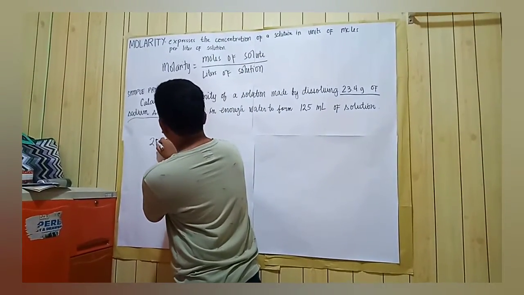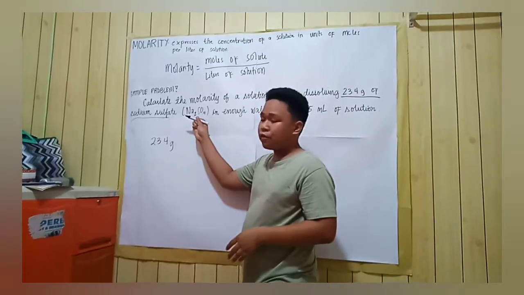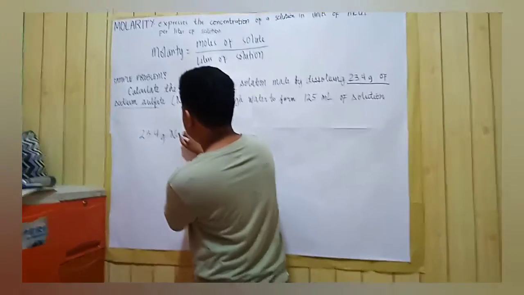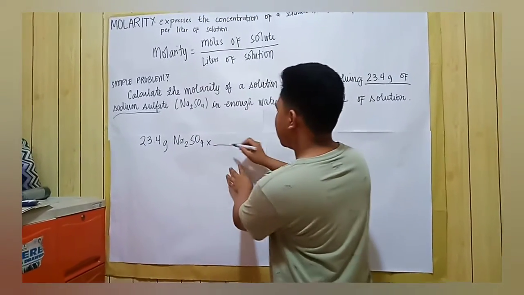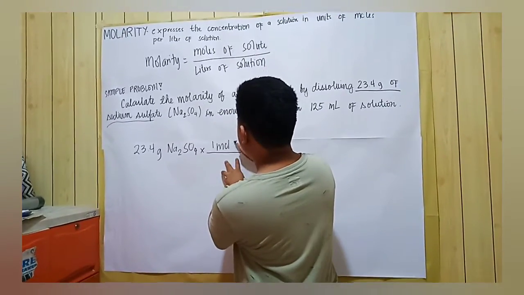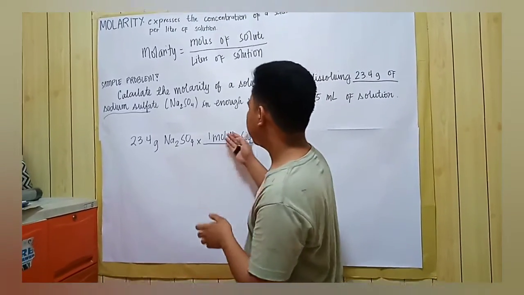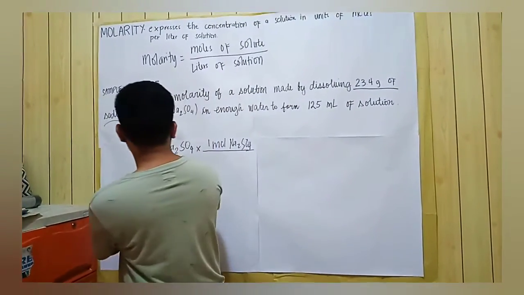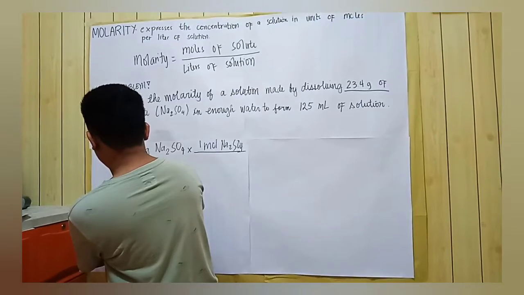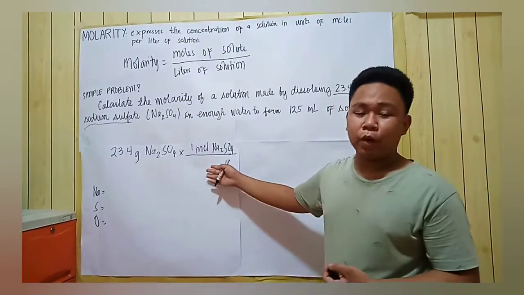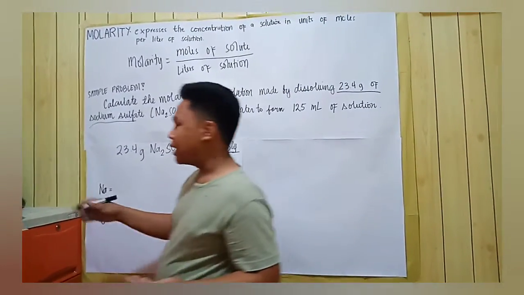So, 23.4 grams of sodium sulfate, whose chemical formula is Na2SO4, times 1 mole of Na2SO4. To get the mass of Na2SO4, we need to add their atomic weights.